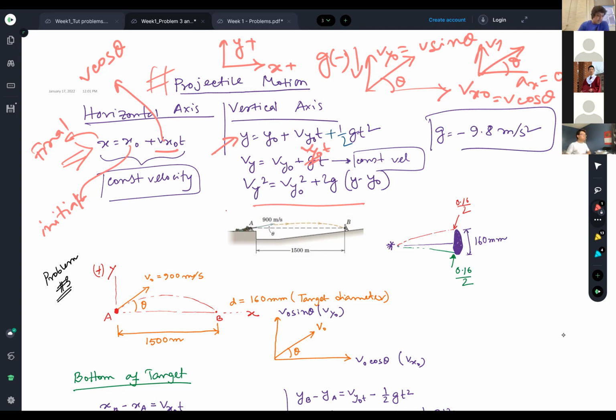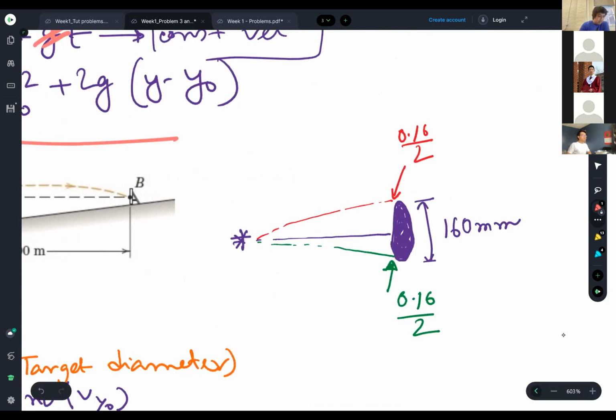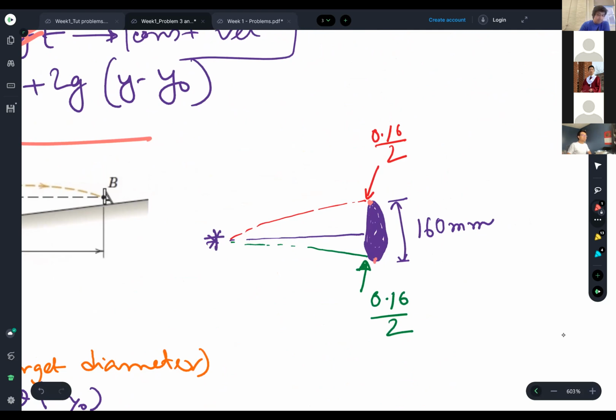As I explained before, for this target you need to hit either the top or the bottom to find the two extremes, right? So this is the theta, the range of angles where you can shoot your projectile so that it can hit anything in between as well. If it is 0.16 meter, this is half of that and this is half of that, so this is d/2, and this is also d/2.